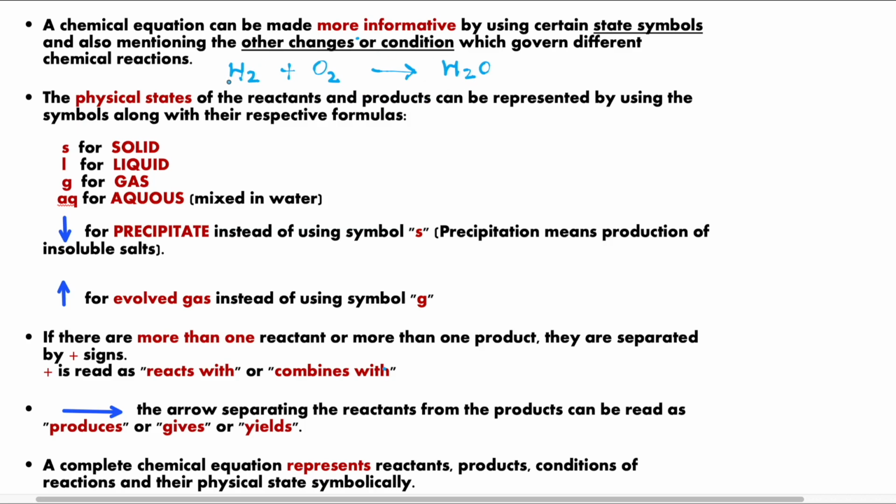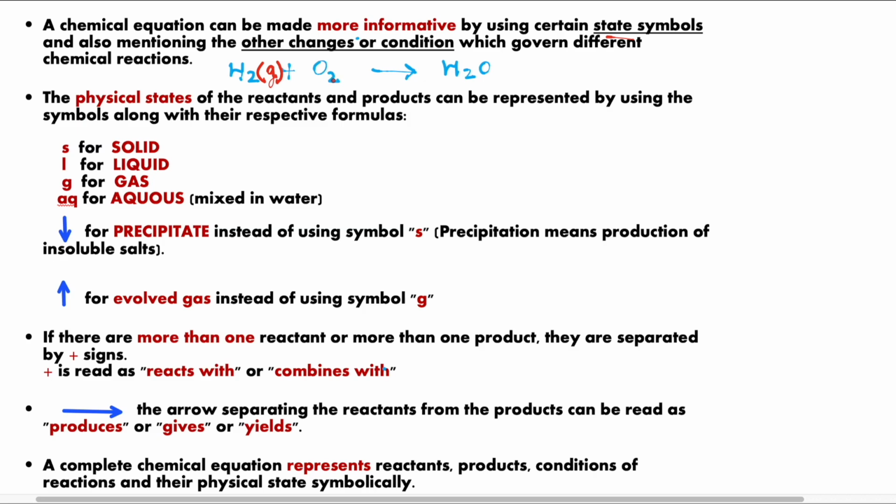So this chemical equation can be made more informative by using certain state symbols. State symbols means we are talking about the physical state. Here, this hydrogen element is gaseous in nature, so on the right side of the symbol its physical state is written, which is gaseous, represented by g within brackets.